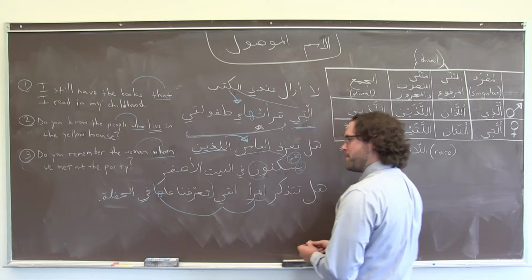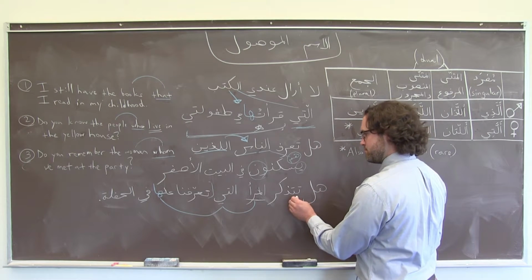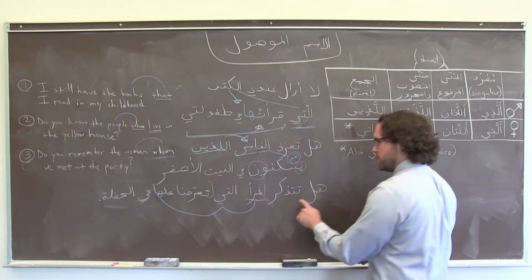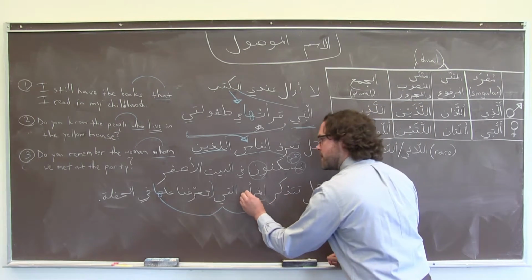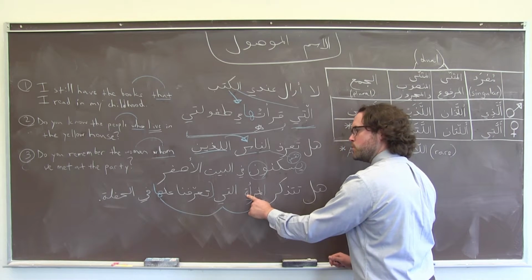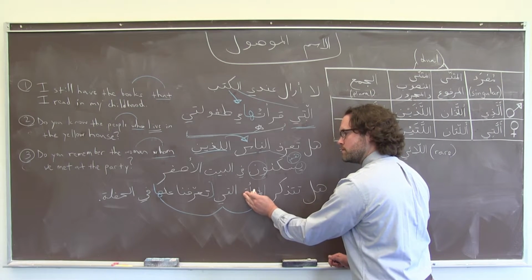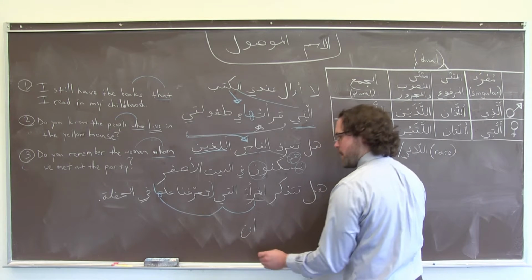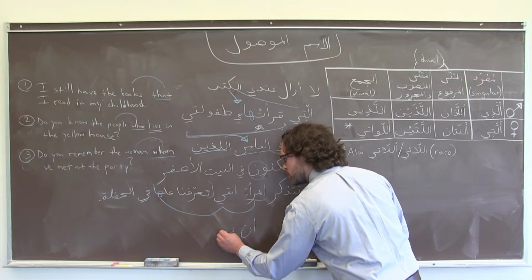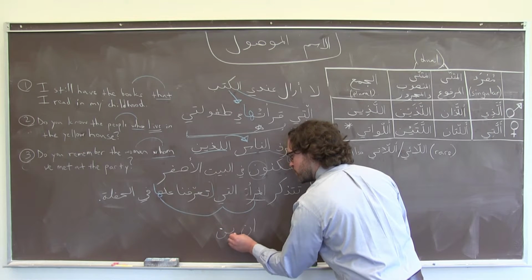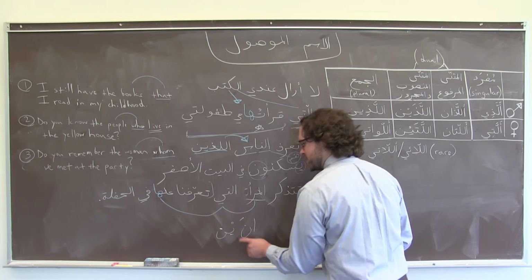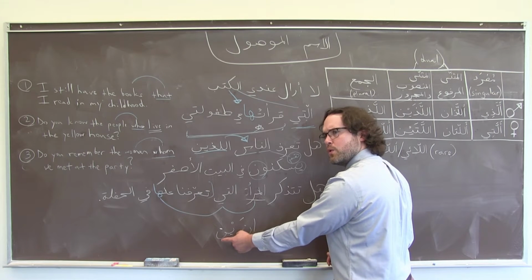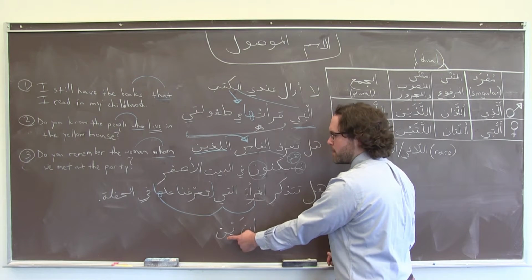If we are thinking about case, oh, yes. Do you remember al-mar'a? Well, I have a ta marbuta, so I need to make this dual. And in Fusha, in Standard Arabic, I have a choice between an, or ain, depending on whether it's the subject or the object or preceded by a preposition.